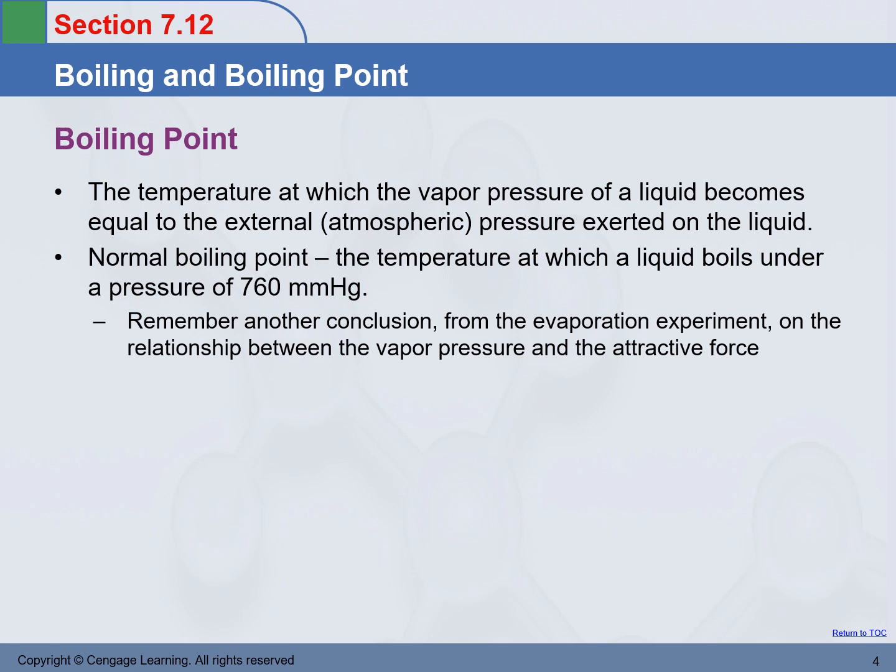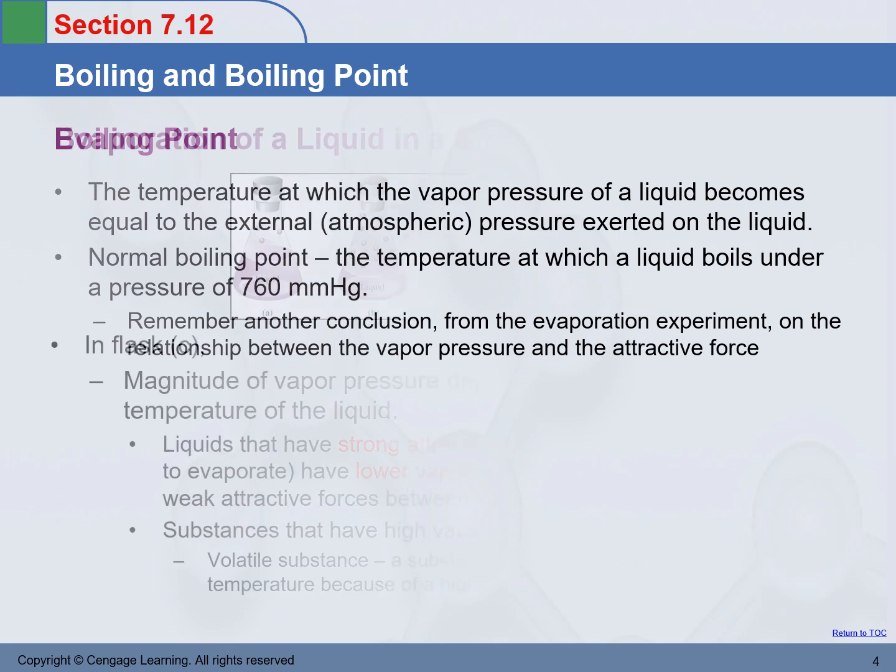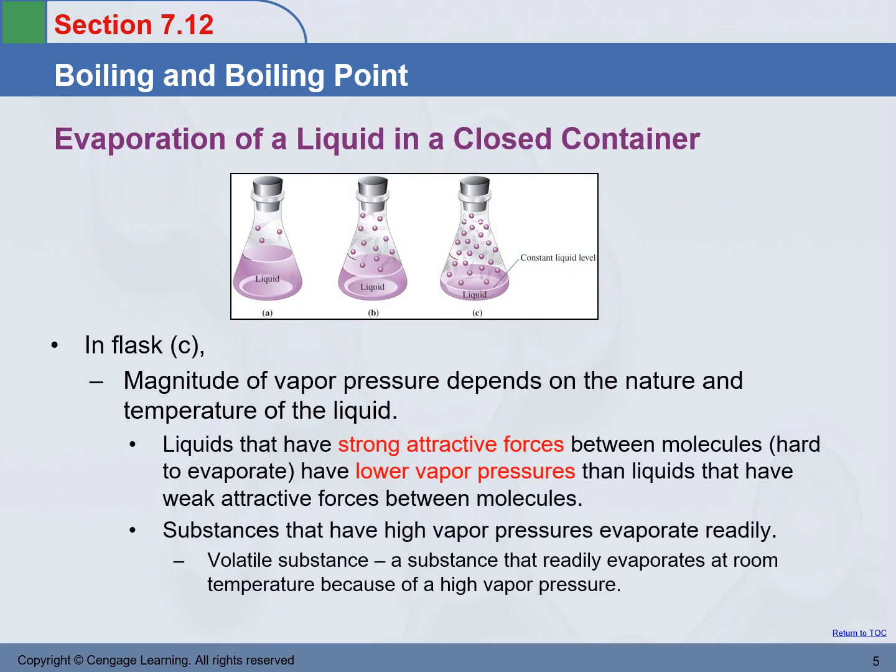Remember another conclusion from the evaporation experiment on the relationship between the vapor pressure and the attractive force. Remember that? What is it? Well, this is the experiment. In C, that's the vapor pressure. Another conclusion is that liquids that have strong attractive force between molecules will have lower vapor pressure.